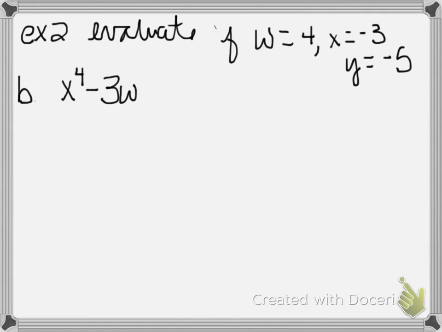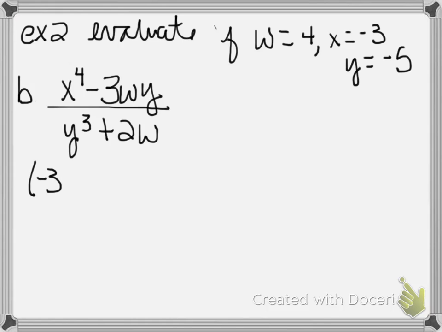Example 2B, we're going to plug in negative 3 for x. And notice that x is negative 3, and we are putting x to the fourth power, so we have to include the negative in parentheses. Be very careful about that.